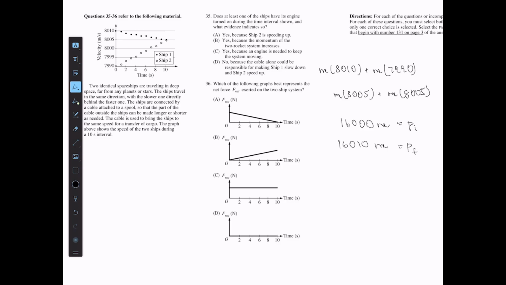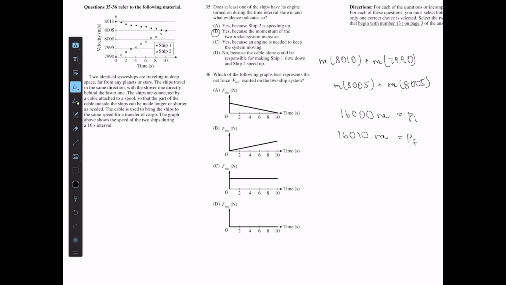So momentum increases, so that means that there's an external force on the system, and so B. An engine, or a fuel propeller, whatever, that is an external force. Just remember that.